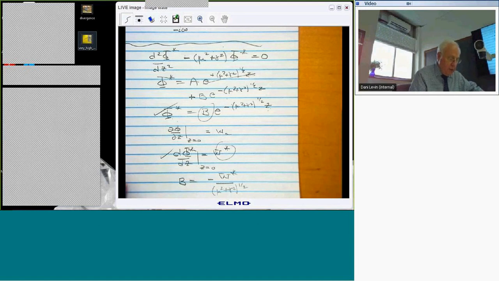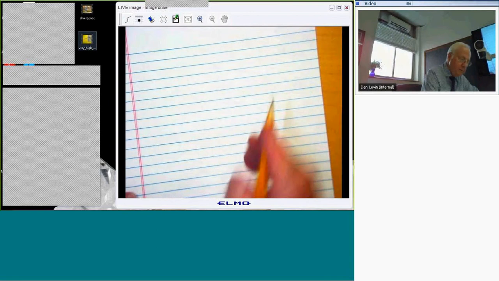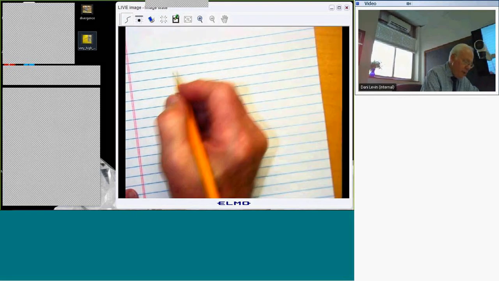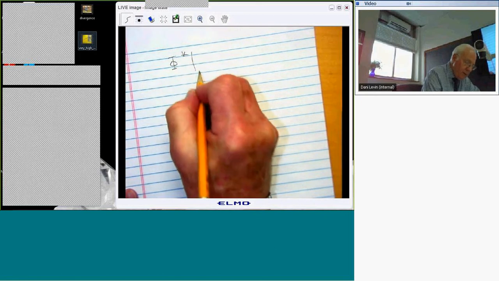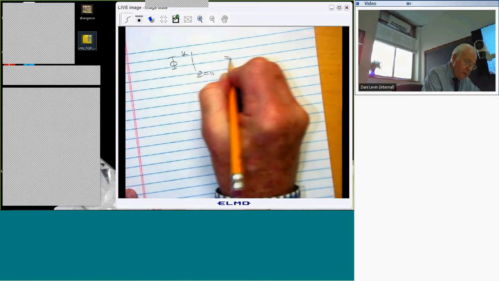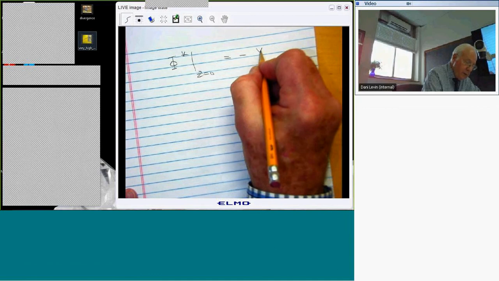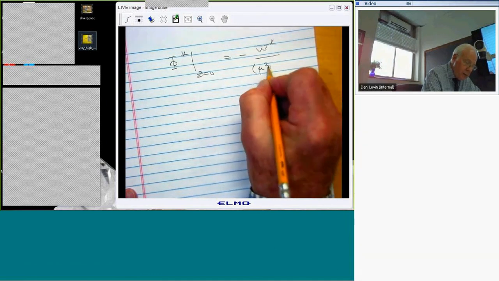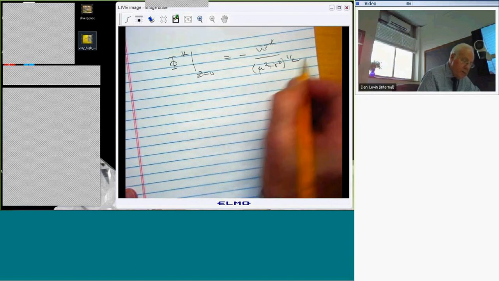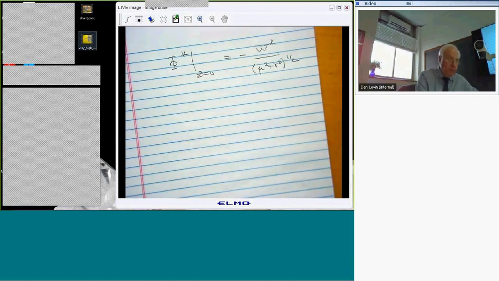So then, phi star at z equals 0 is equal to minus W star over square root of mu squared plus gamma squared. Okay. Now all I have to do is invert that twice.